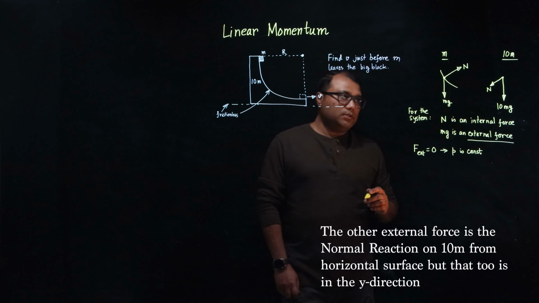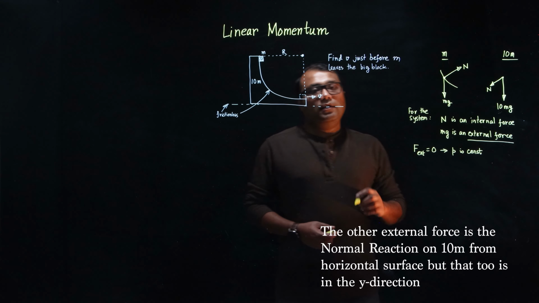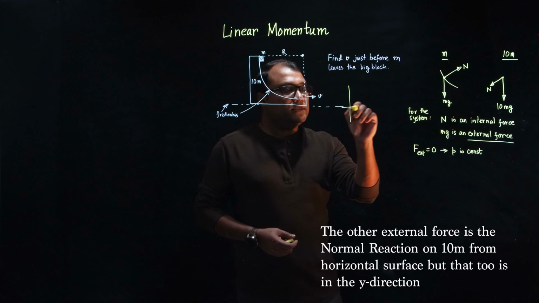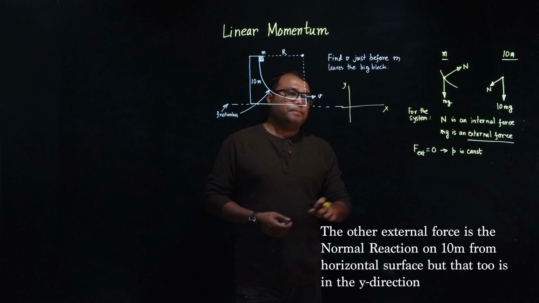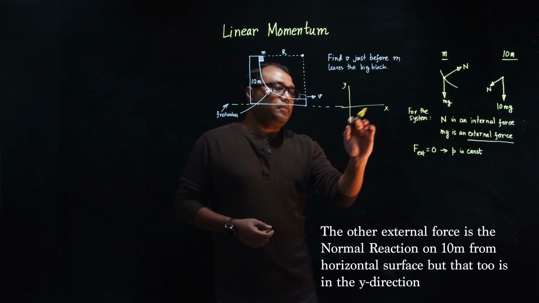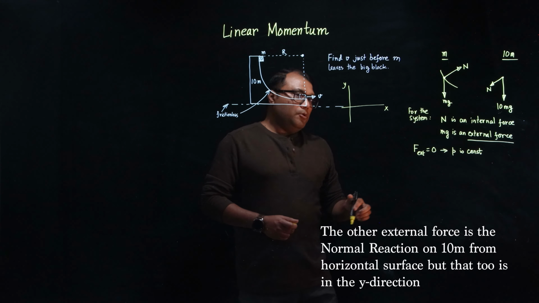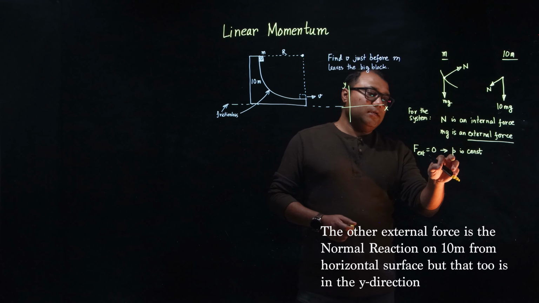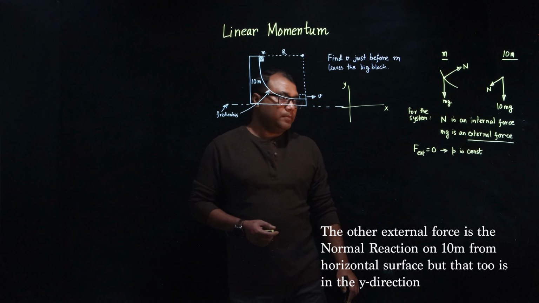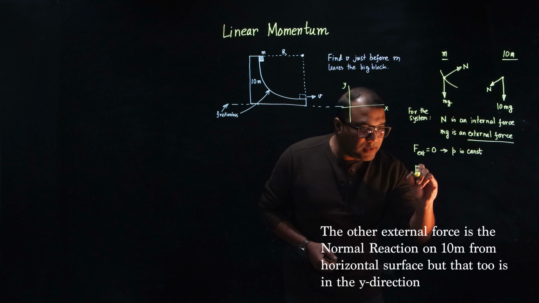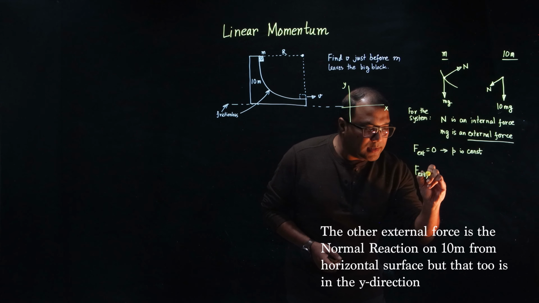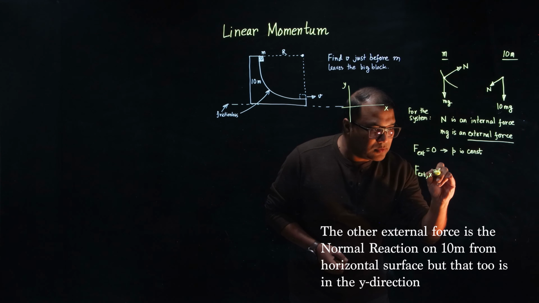But think about this carefully. If we choose our coordinate system as this as x and this as y, momentum is a vector quantity. We can actually look at, is F external in the x direction 0?